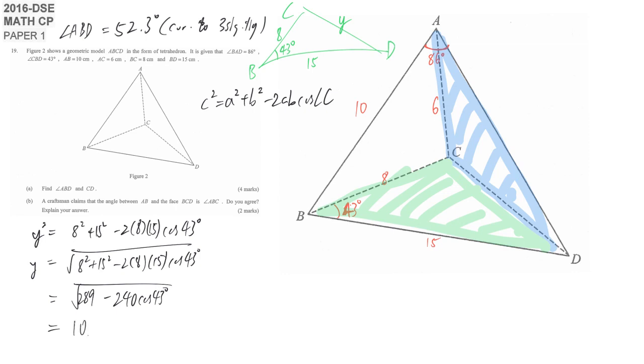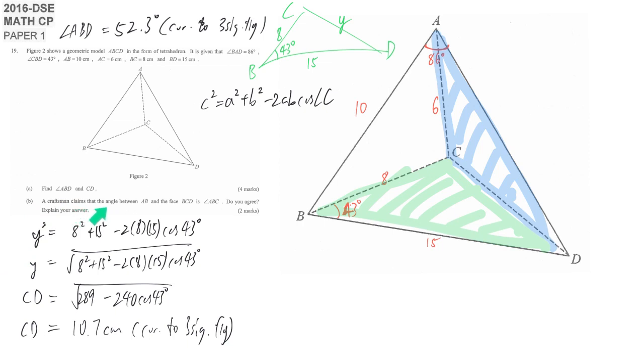We get 10.65, that means 10.7 cm, correct to 3 significant figures. And don't forget to write down y here, that means CD. Or you directly write down CD squared here if you get used to it.